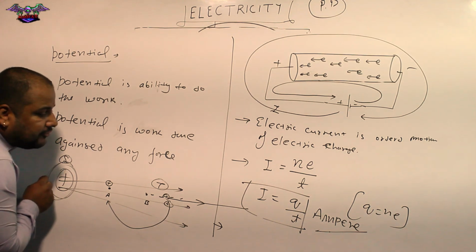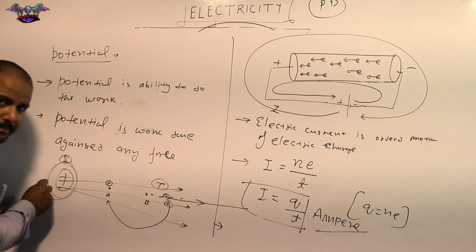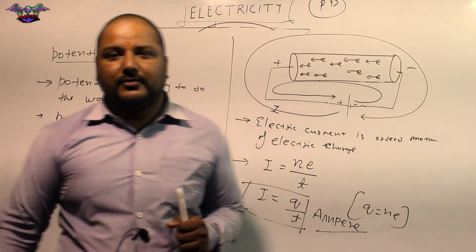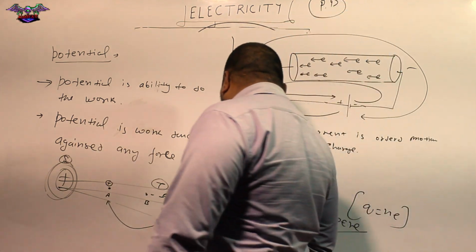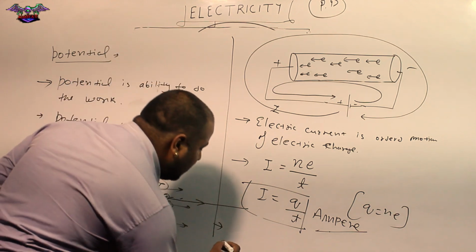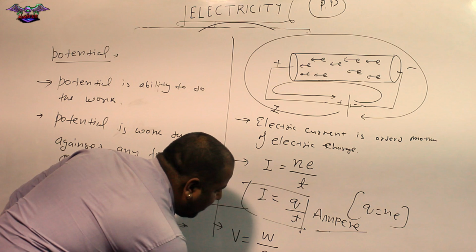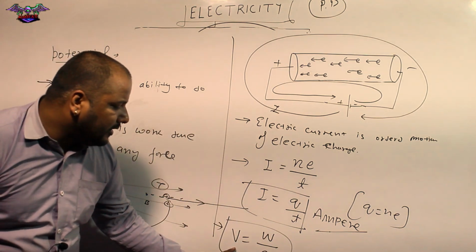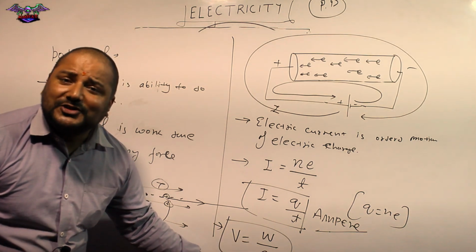So we have done the work against the force of repulsion. Understand this? So that means I can give one formula for the potential, that is V equal to W upon Q. That means potential is work done per unit charge.